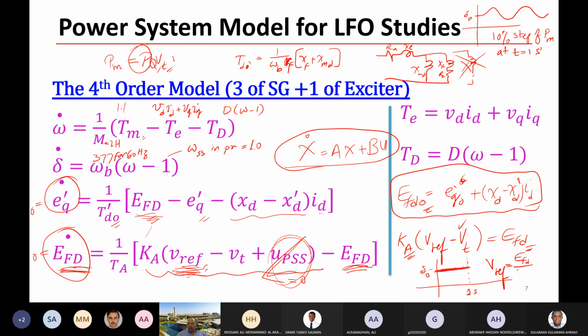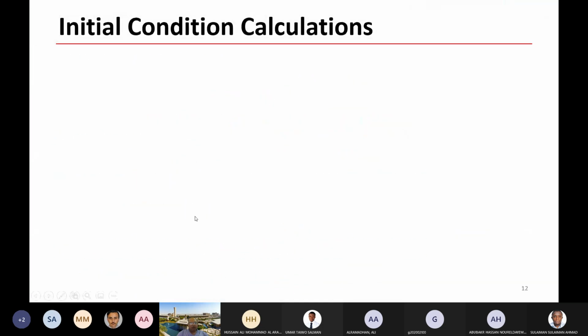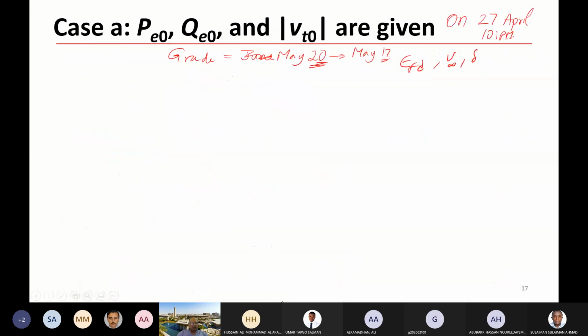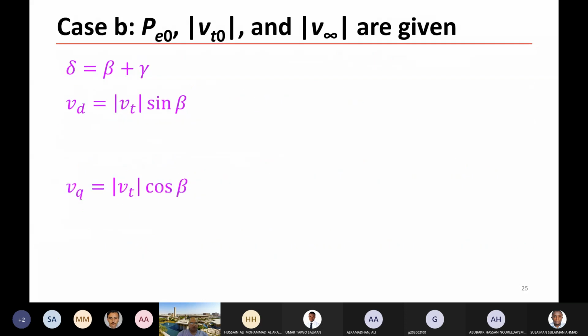You have a VT initially, which characterizes the initial condition, and the EFD is calculated. KA is known, so you can get how much the V reference is at the beginning. So this V reference also should be calculated from the exciter circuit. So with V reference, you can start simulating all these nonlinear equations. Time domain simulation, I mean.